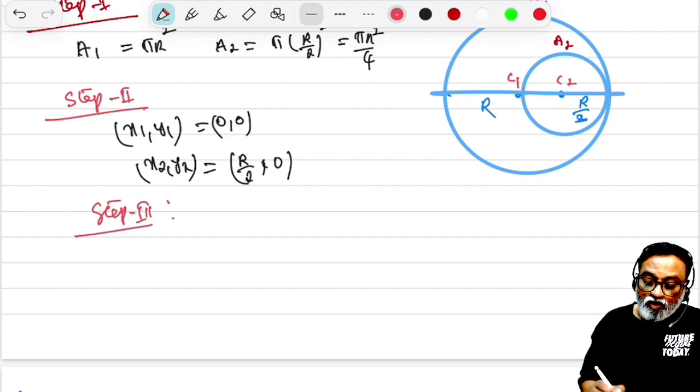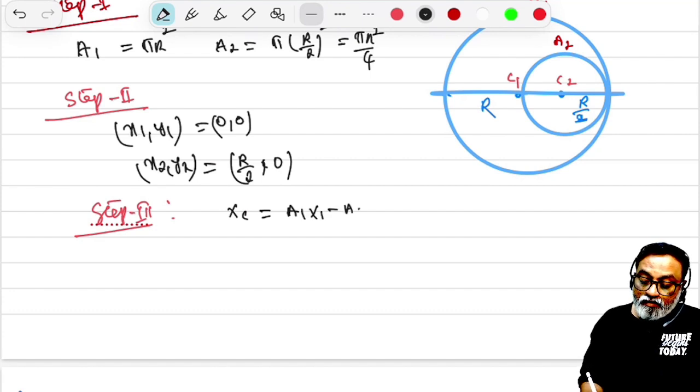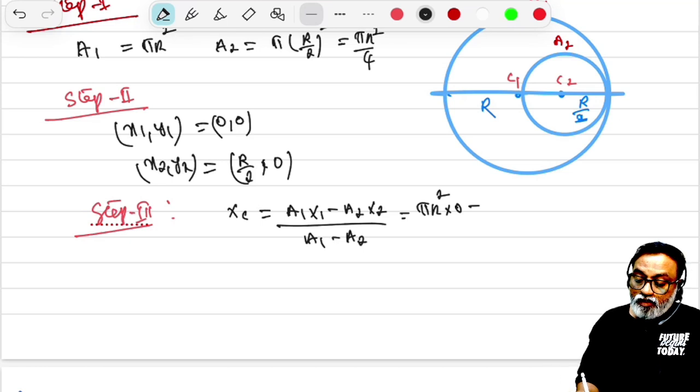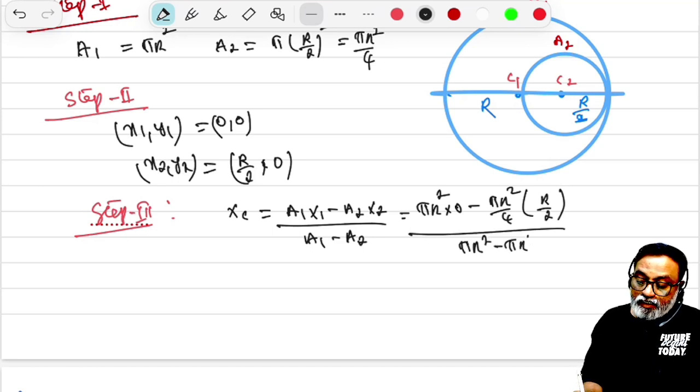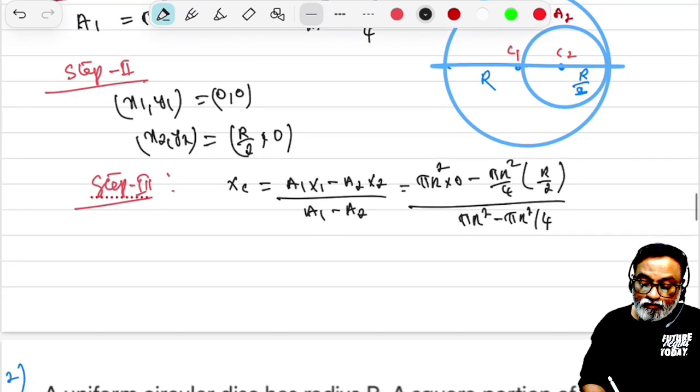Step 3, we have to use the formula, that is xc is equal to a1 x1 minus a2 x2 by a1 minus a2. a1 is pi r square into 0. a2 means pi r square by 4. x2 means r by 2, by pi r square minus pi r square by 4.